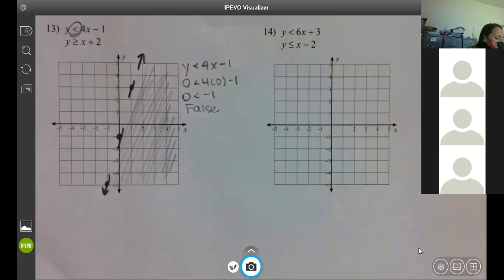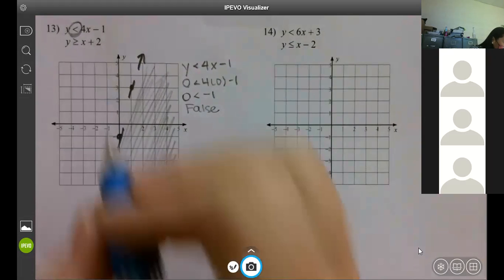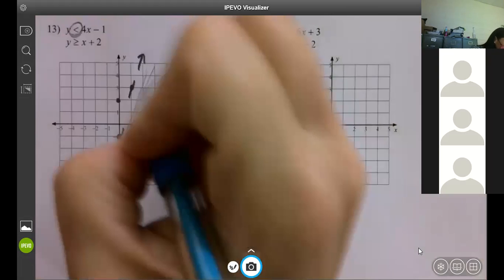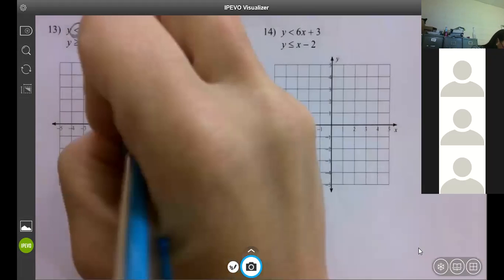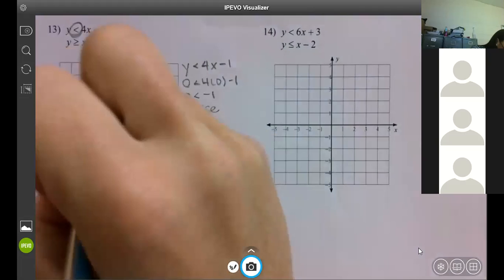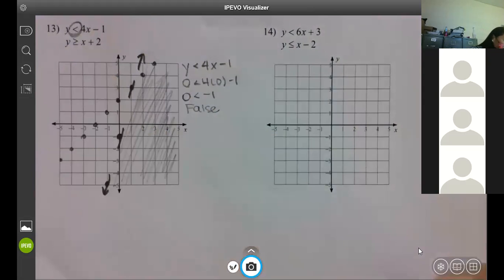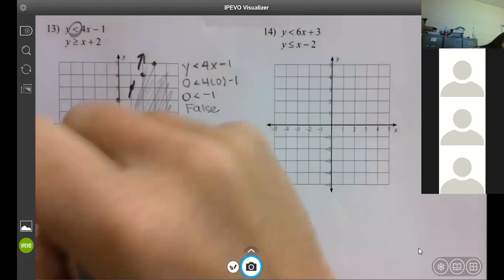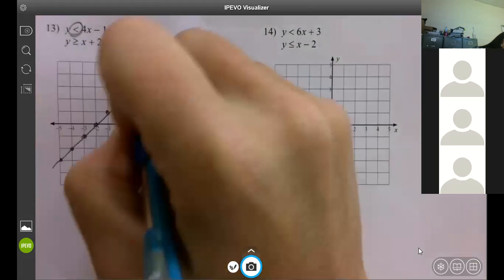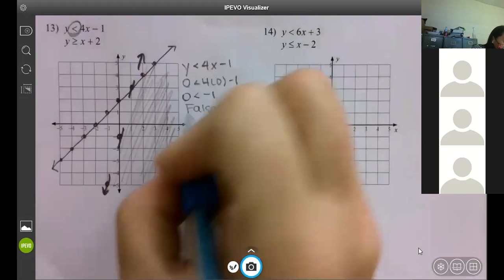How do I graph the second one? Start at 2, and how do I move? Up 1 over 1. Okay. Solid or dashed? I'm going to plug in 0, 0 because it doesn't go through it.